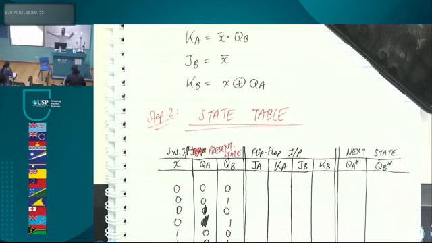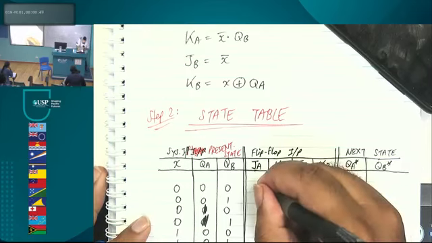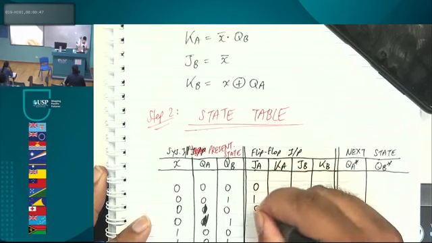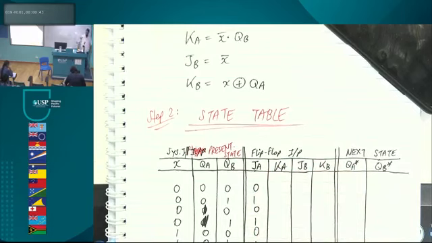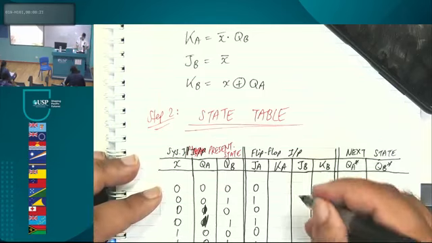So the class is divided into 3 parts, right? Okay, JA. Wow, that's so hard, man. JB is X bar.